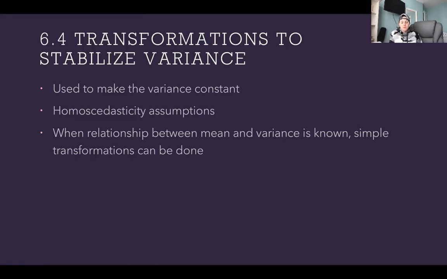So one property of the normal distribution is that the mean and variance are independent of each other. We can have binomial and Poisson distributions, which are great examples of when they are not. So when the relationship between the mean and variance is known, simple transformations can be done.